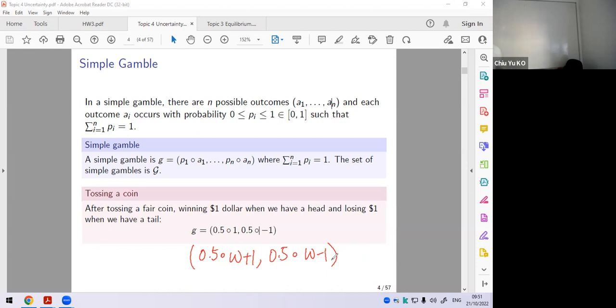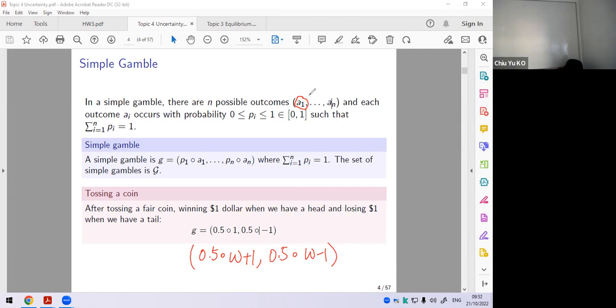Here do note that A is an outcome, but I didn't mention what it is. It's an abstract outcome. A1 can be an n-dimensional good, as we did in topic 1, or A1 can be a very complicated object. A1 and A2 can be different objects.